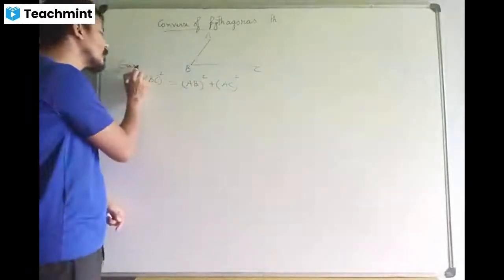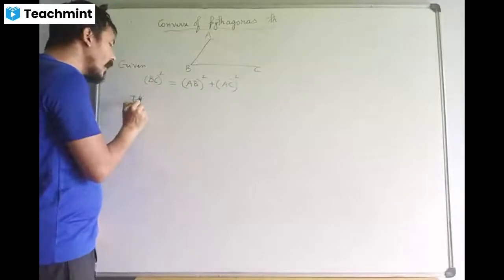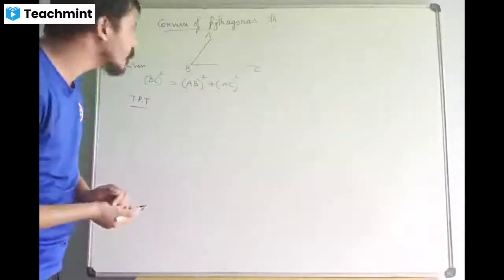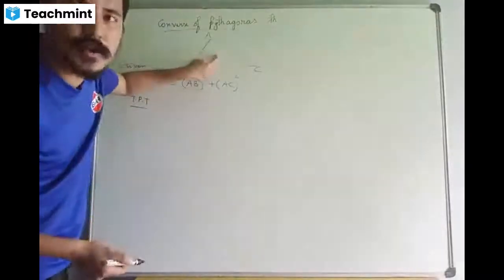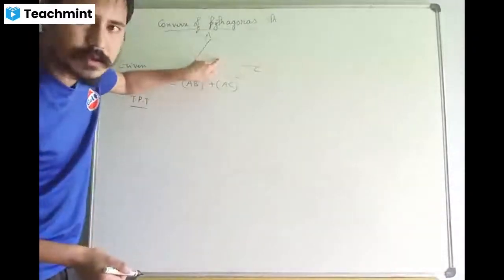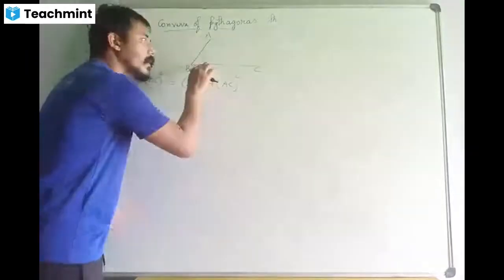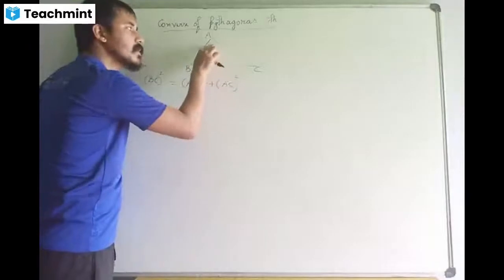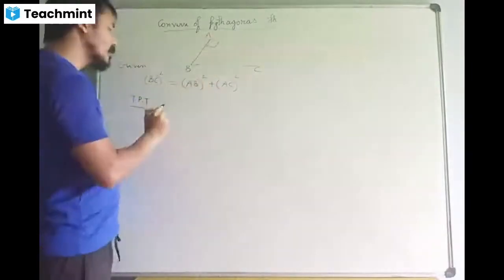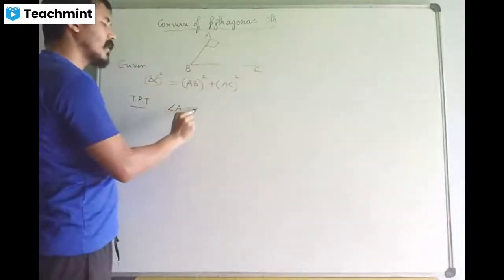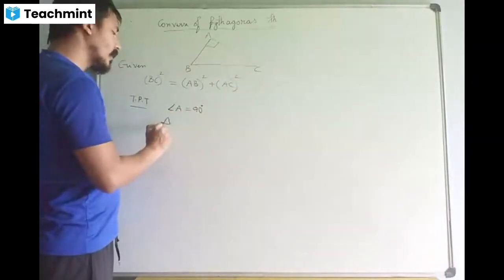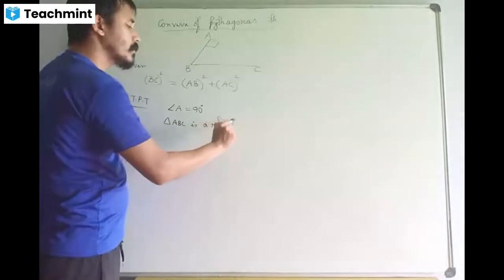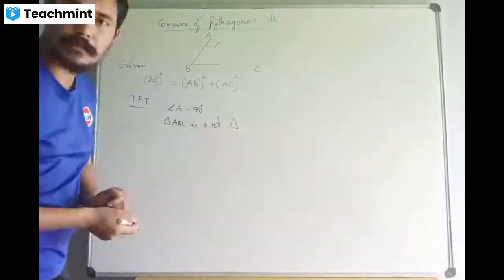This will be given to you. And you are required to prove that this particular triangle is a right triangle. Means the angle which is opposite to your longest side will be a right angle. So you have to prove that angle A is 90 degrees, or triangle ABC is a right triangle. So this is what you want to prove.